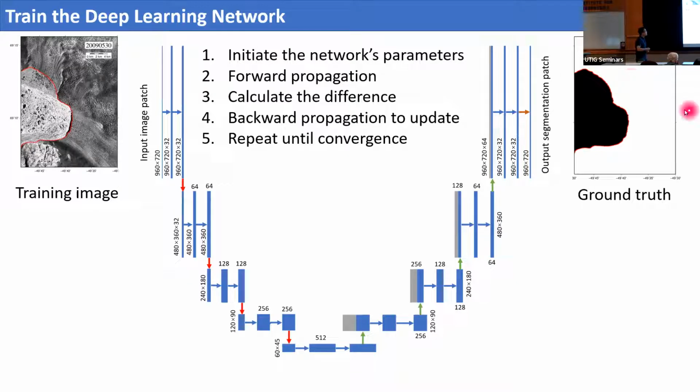Then we calculate the difference between the network's output and the ground truth image, and use that difference to do the back propagation to update the network's parameters. We keep doing step 1 to step 4 until the network reaches convergence. It's exactly the same as regression. After the network is well trained, we input this image, and it can output something very similar to this ground truth image, telling us which part is glacier and which part is ocean.